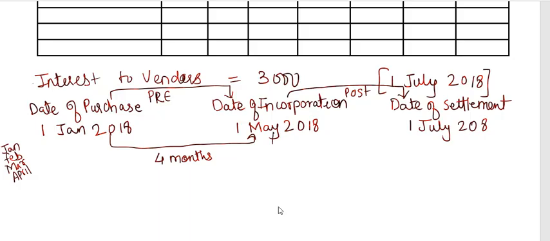And after incorporation, count the months till the month of settlement. So May, June. Why are we not taking July? Because settlement date is 1st July. So how many months? 2 months.